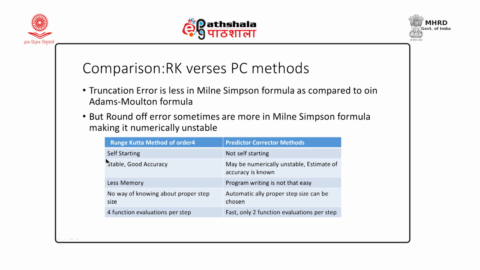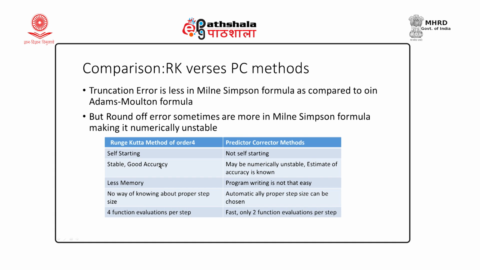For Runge-Kutta formulas, the advantages are that they are self starting, they are stable, and you get good accuracy, as you have seen in the earlier examples also. The only thing is that you cannot guarantee the answer is this much accurate, because we only have an idea of the order, h raised to 5 or h cube depending upon the formula we are using, but actually how much, because there are other terms involved, we cannot tell the actual error.